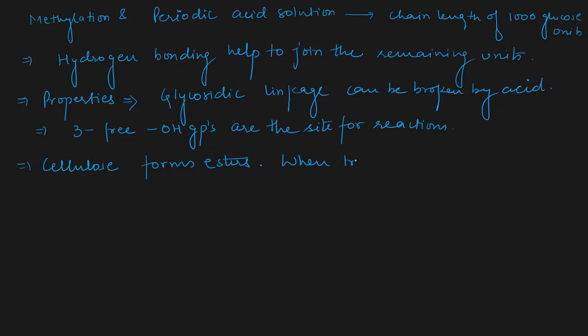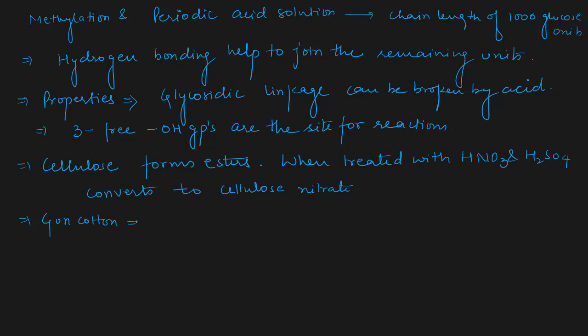When treated with nitric acid and sulfuric acid, it converts into cellulose nitrate, guncotton, which helps to make smokeless powder. It is very nearly completely nitrated cellulose, or cellulose trinitrate.